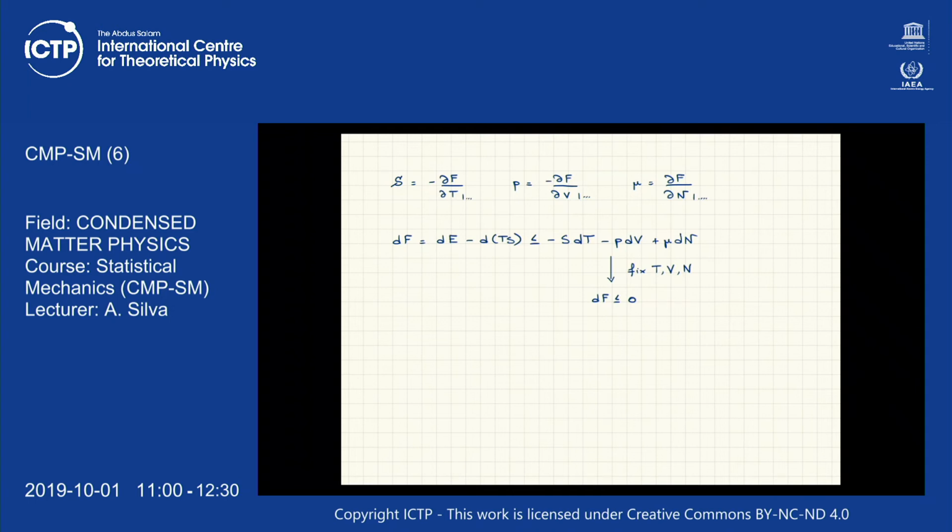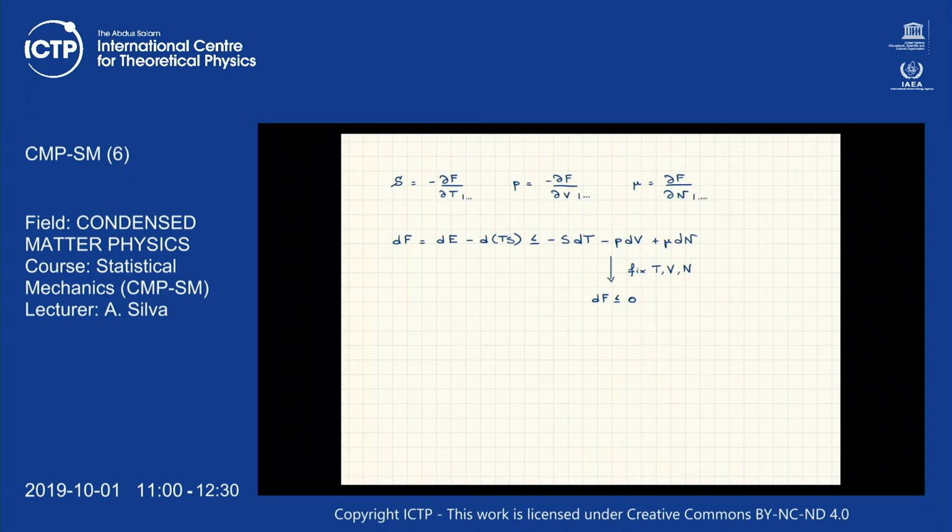Keep this in mind, because it will come back when we do statistical mechanics, and in particular something called mean field theory. So keep it in mind, it's important. So minima of the free energy in these conditions realize the equilibrium states.